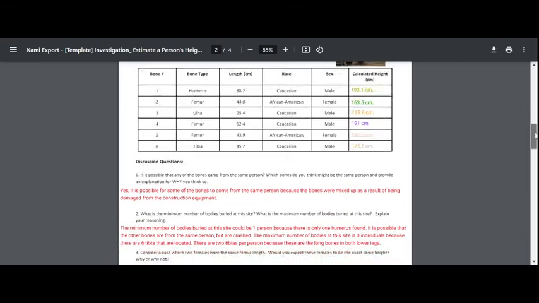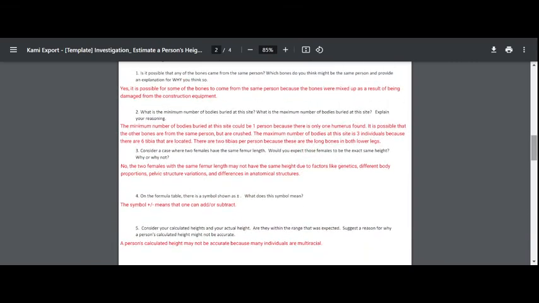So again, the question is, is it possible that any of the bones came from the same person? Which bones do you think might be the same person, and provide an explanation for why you think so? So yes, it is possible for some of the bones to come from the same person because the bones were mixed up as a result of being damaged from the construction equipment.